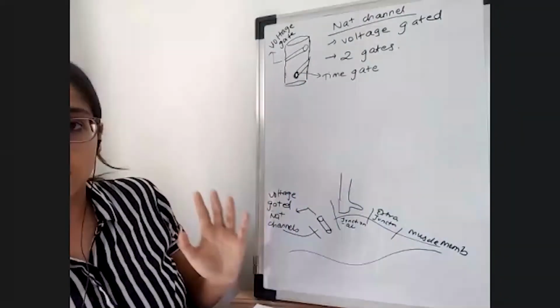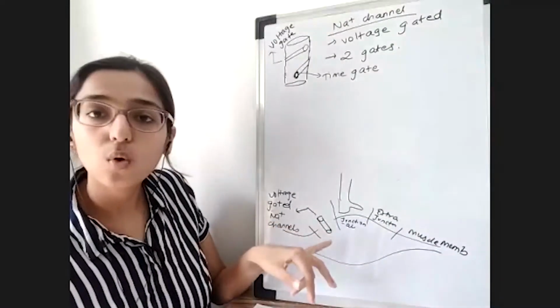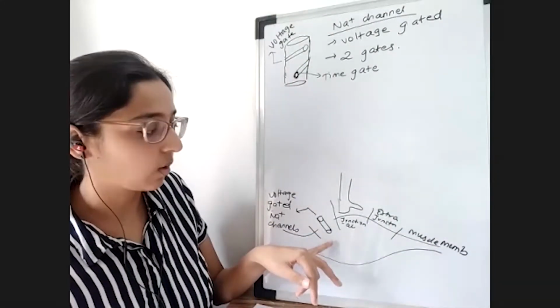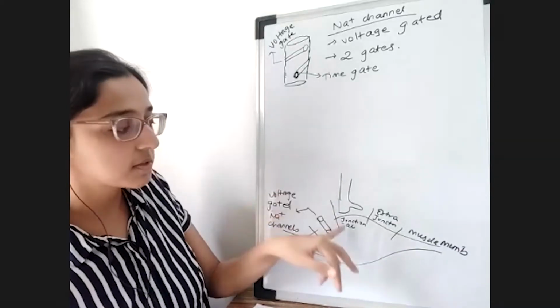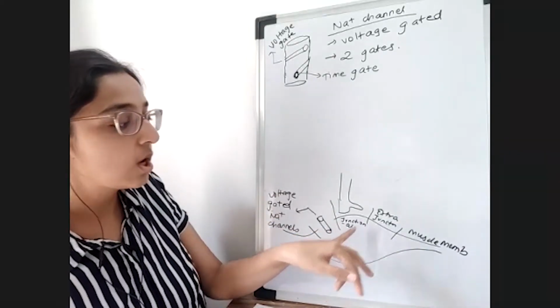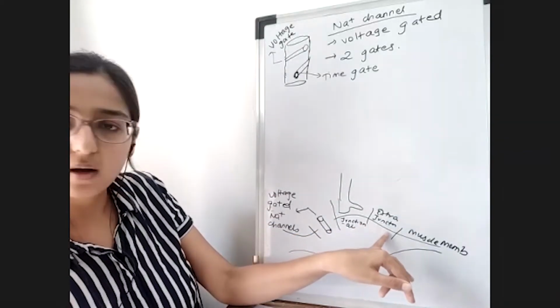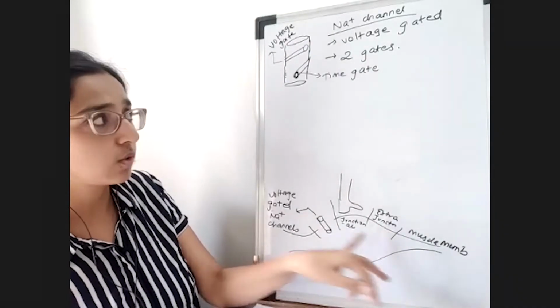So at rest, when there is no transmission of impulses happening, the motor nerve is not passing any impulses to the muscle membrane. So the sodium channels in the extrajunctional portion will be at rest.